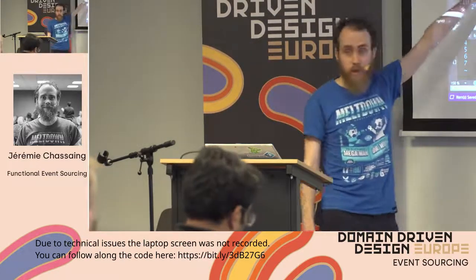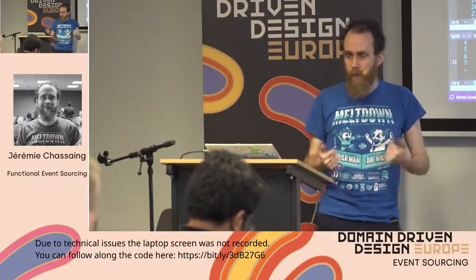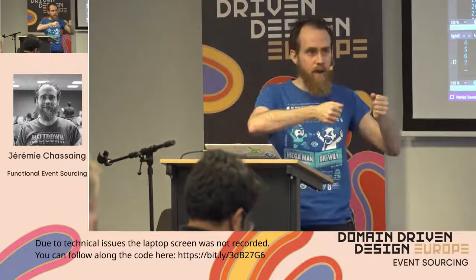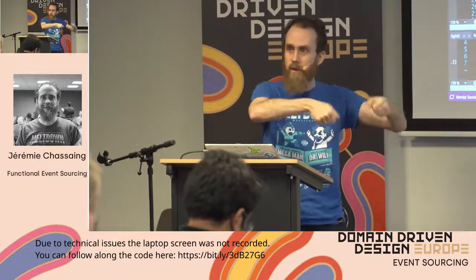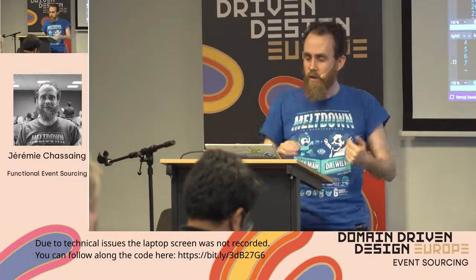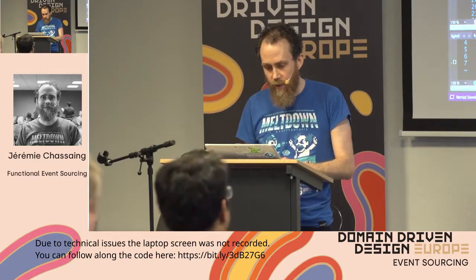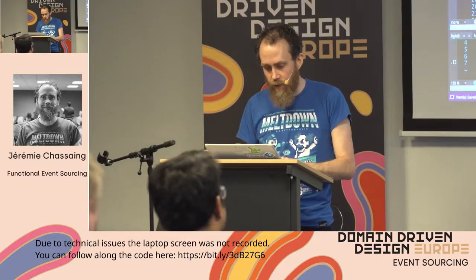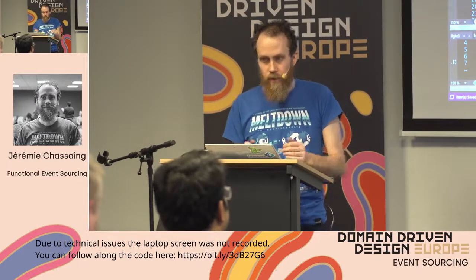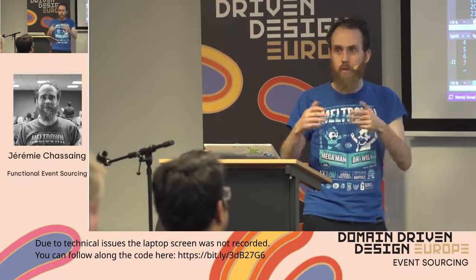So the small change I did is that when I load, I take my current version, okay? And at the moment I save, I will check that I'm still in this version before actually saving. If it's not the case, I will get an exception, and what you will do is something like try, catch the exception with, and here you have the current version, there were a few more events.